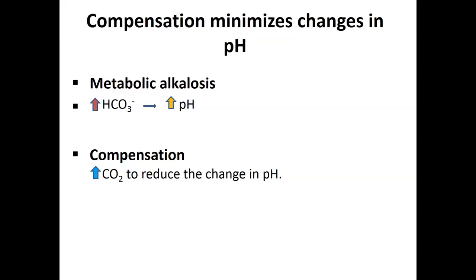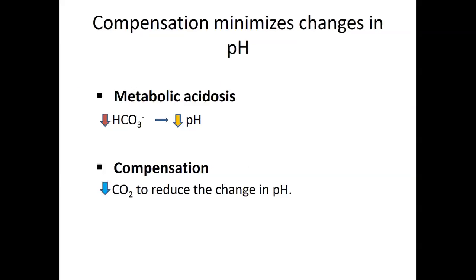That's in case you have metabolic alkalosis. Now, in metabolic acidosis, on the other hand, the bicarbonate level is low, so the pH is low. In that case, your body will stimulate the respiration in order to suppress the CO2 level. So you will breathe very hard to get rid of the CO2, and that will decrease the CO2 level, and then your pH will rise to compensate.